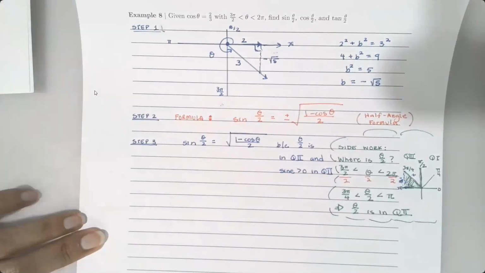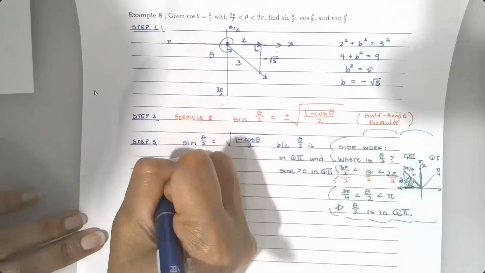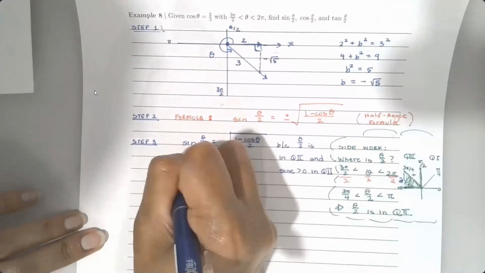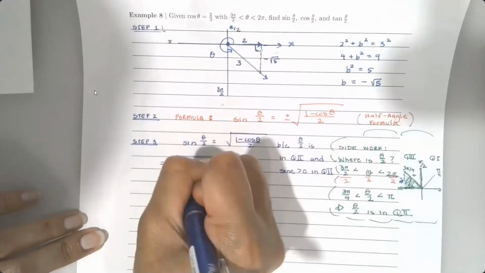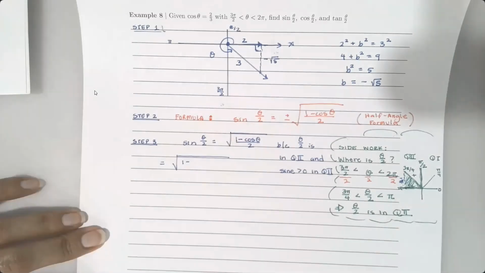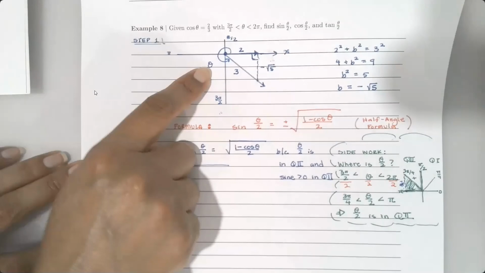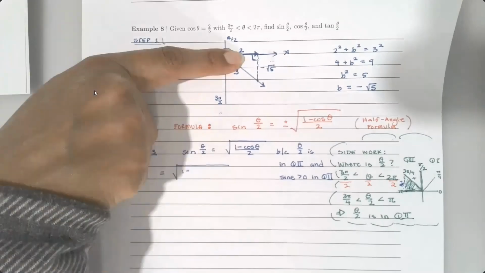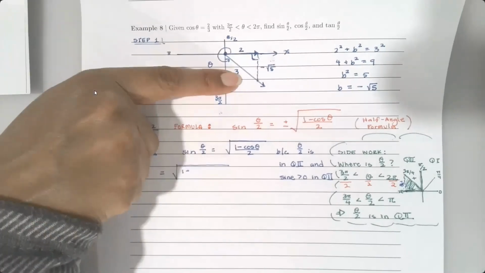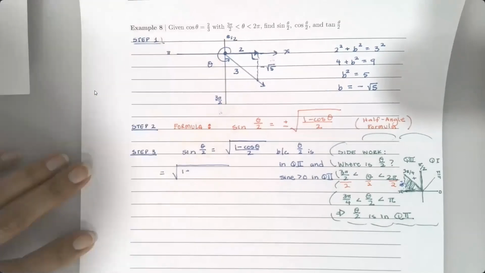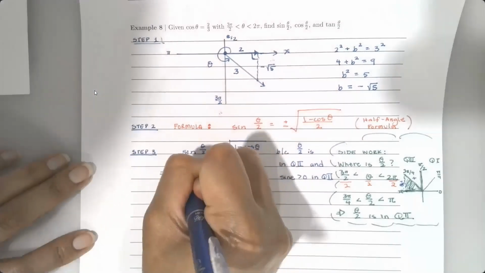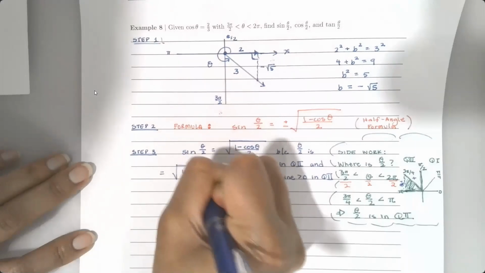Okay. So now that we've figured that out, we can plug in the value of cosine theta by going back to our original diagram. For the angle theta, cosine is adjacent, which is the 2, over hypotenuse, which is 3. So this is 1 minus 2 over 3, and then divided by 2.